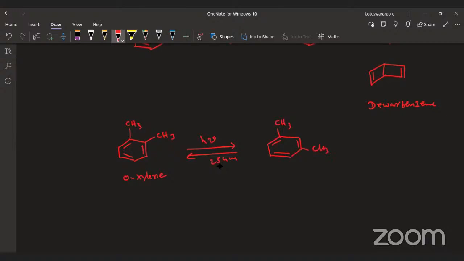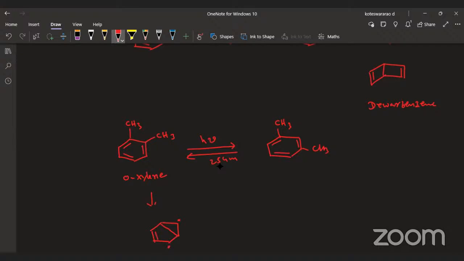That means it is undergoing first cross addition, and that leads to the formation of a bond between these two, right?